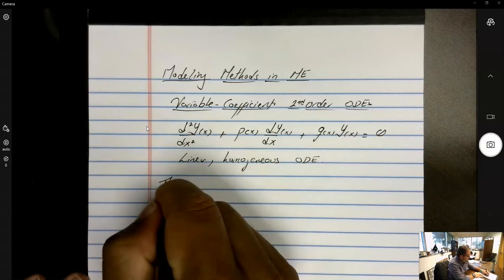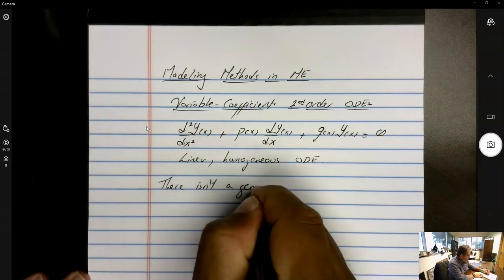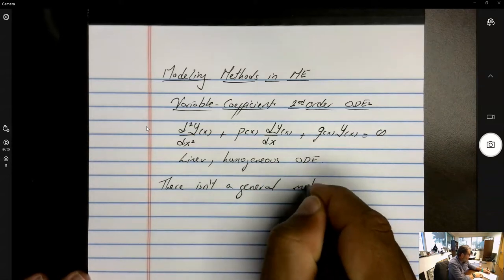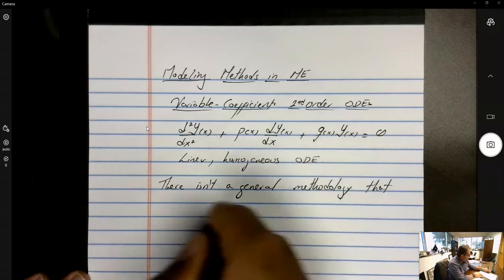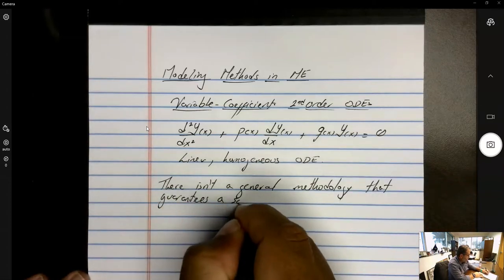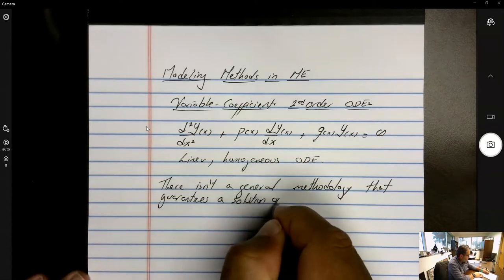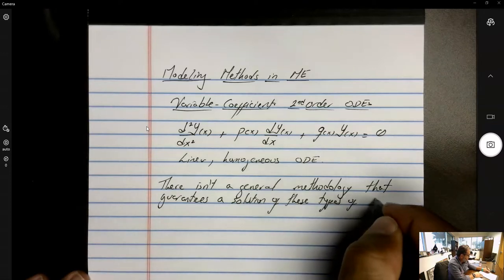So again, to reiterate, there isn't a general methodology that guarantees a solution of these types of ODEs.